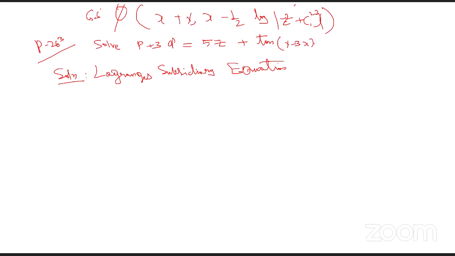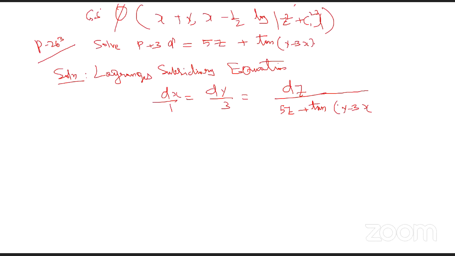dx by 1 equals dy by 3 equals dz by 5z plus tan of y minus 3x. We wrote the subsidiary equations.